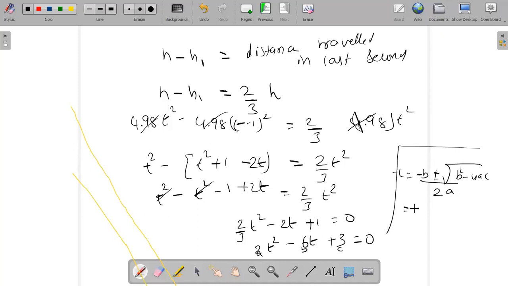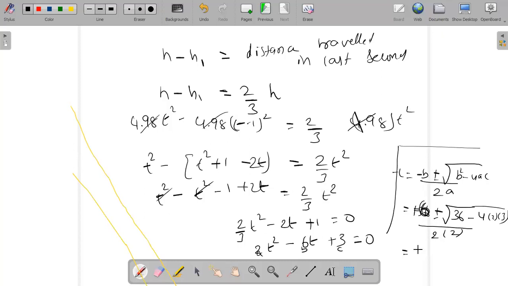So that is equal to minus of minus, that is plus 6, plus or minus under root of 36 minus 4 into 2 into 3, whole divided by 2 into 2.